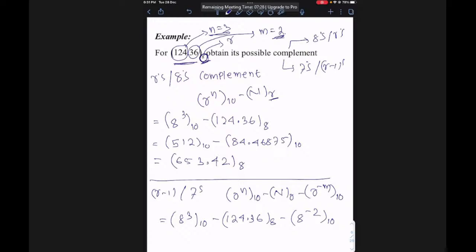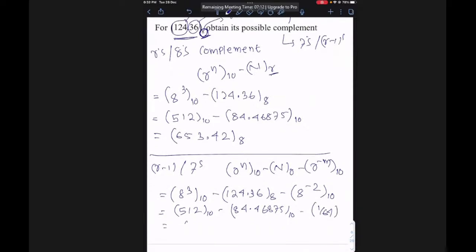If you do this, it is again 512 in base 10, and again the same, if you convert into base 10, it is 84.46875 in base 10, and this 8 to the power minus 2 if you convert is 1 by 64. And if you simplify this, the overall answer is 653.41 and this is in base 8 again.